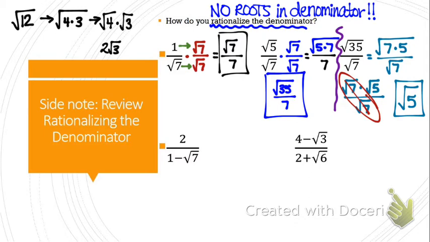So I want to think about polynomials. I want you to think to algebra 2. I want a quadratic that has only an A term and a C term, that has no B term. So something like A squared minus 16.